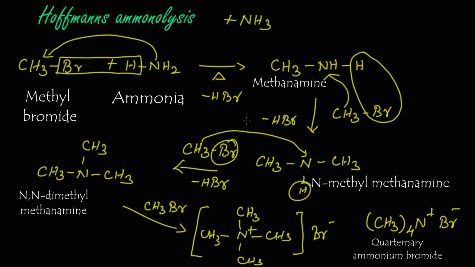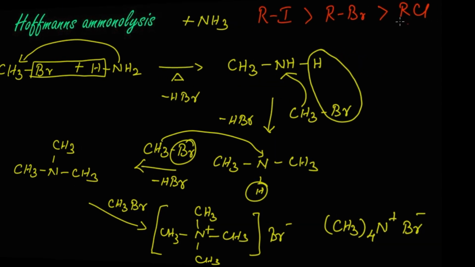Here, the reactivity of alkyl halide will be in this way, that is alkyl iodide will be more reactive than alkyl bromide, and alkyl bromide will be more reactive than alkyl chloride. So the reactivity of alkyl iodide is very much higher than the corresponding halides.